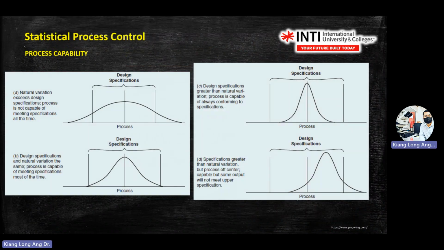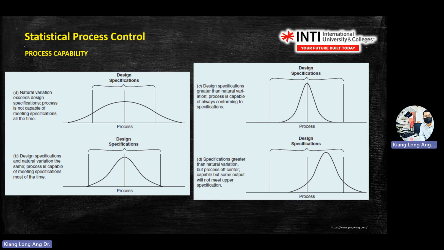Then the process capability depends on your standard variation, or the sigma value that you set. For example, the normal graph that we use in academic settings uses the natural variation. You see a normal graph here, and you spread your specification across how many sigma you want to control.